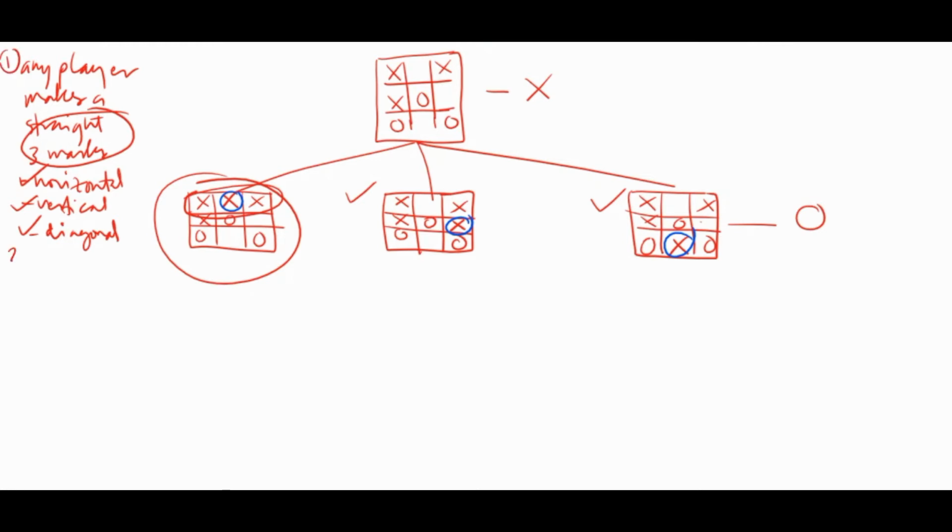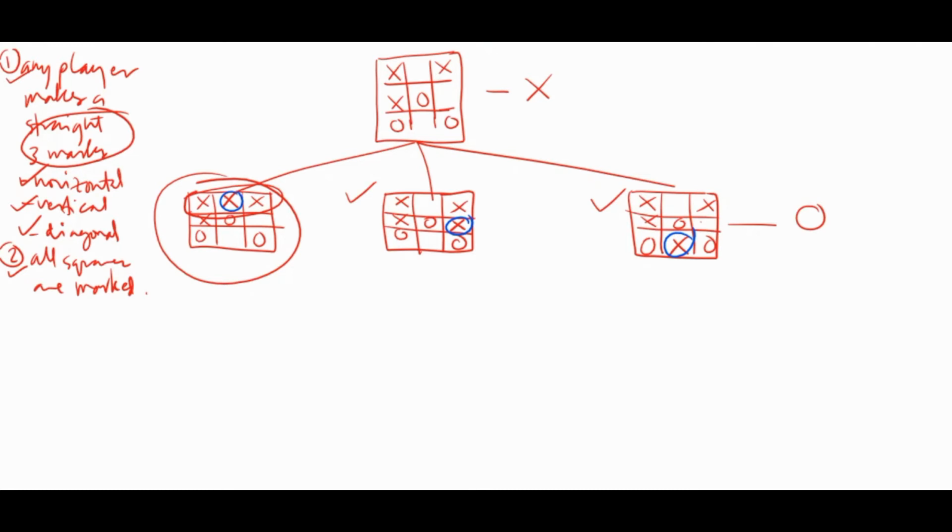And aside from that, the game would also terminate or end when all squares are already marked, meaning there are no vacant squares anymore. So that is another condition for the end of the game. So there are 2 conditions.